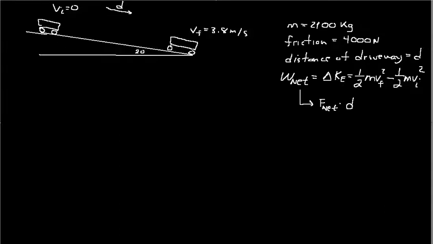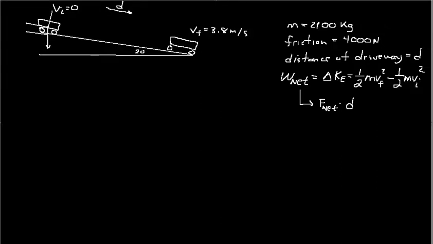So let's look at the forces involved here. We have, of course, the weight of the object, which is straight down, and then we have the normal force, and then we're going to have friction, which is going to be in that direction. So let's put little arrowheads on here.